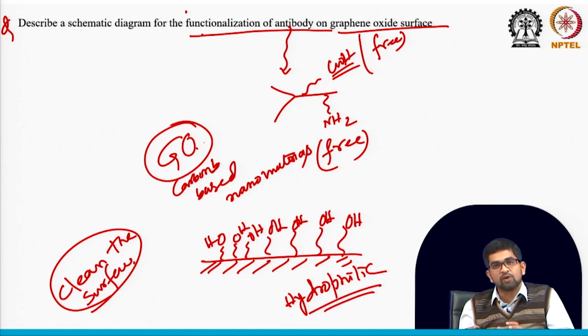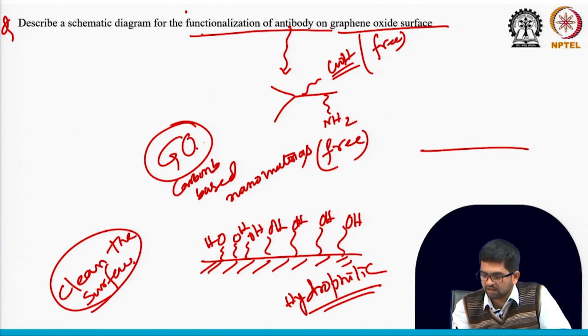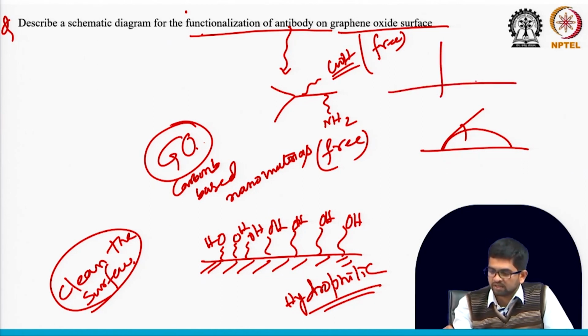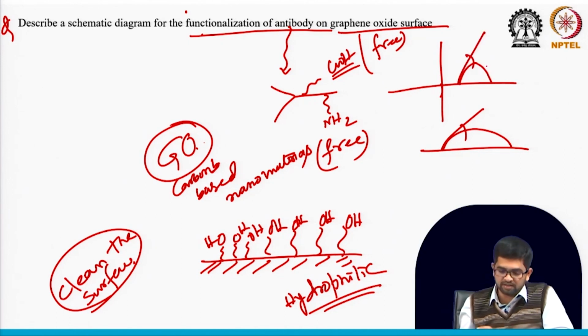Hydrophilic means it can attract water easily. If you measure the contact angle, for hydrophilicity or hydrophobicity, your water droplet will spread like this, giving a lower contact angle. But if your surface is not cleaned properly, the water droplet will be like this, and your contact angle will be very high.